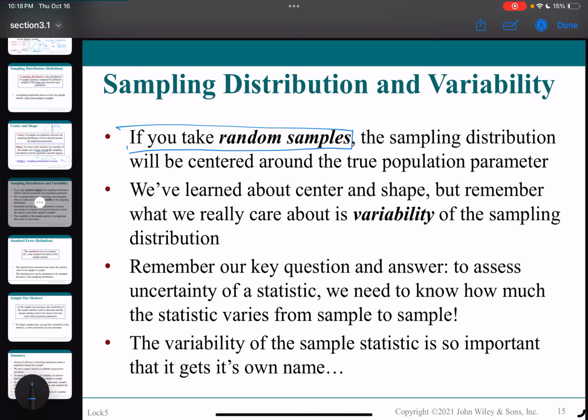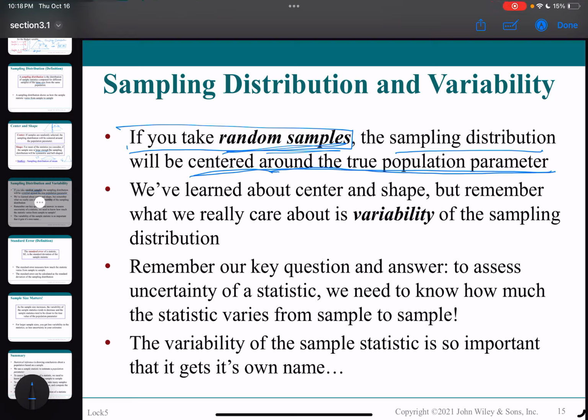If you are considering random samples, then the sampling distribution will be centered around the true population parameter. Centered around the true population parameter means it is a center measurement, so it is centered around mu.